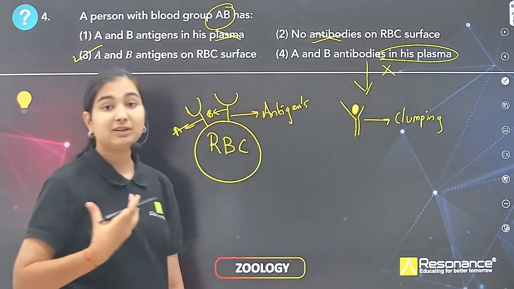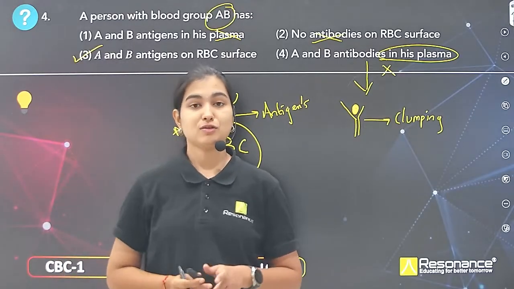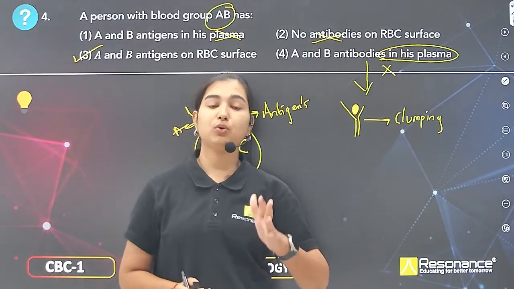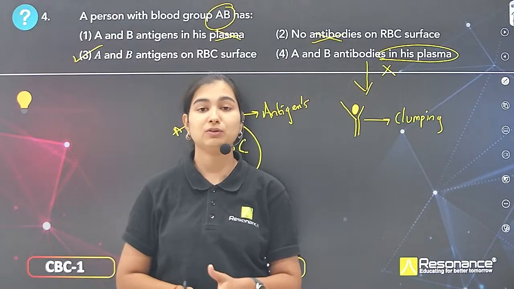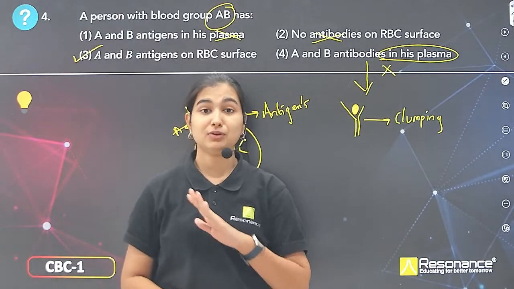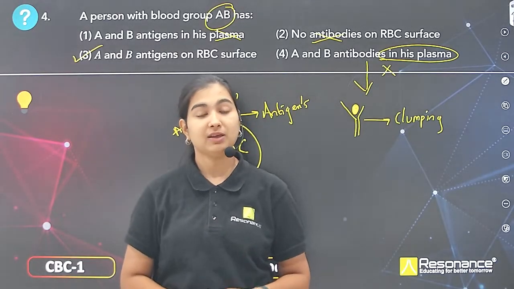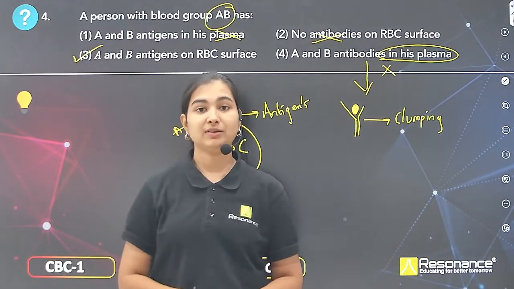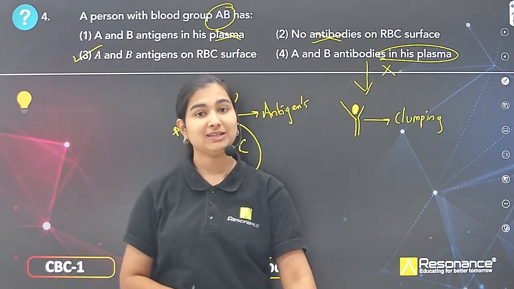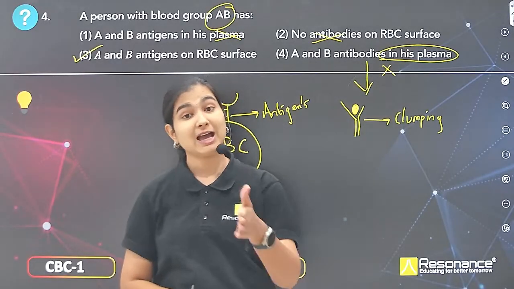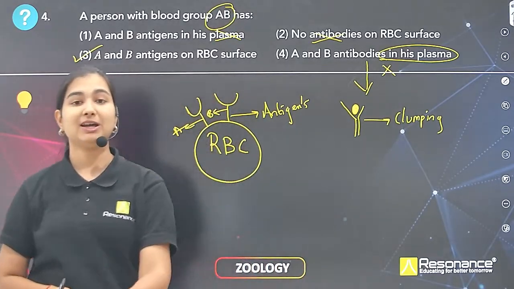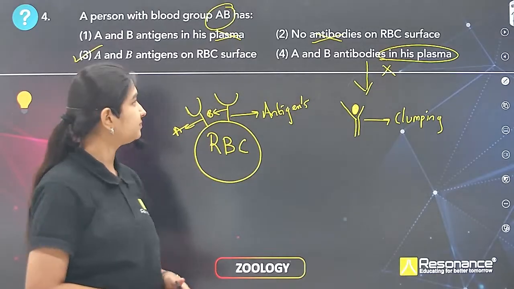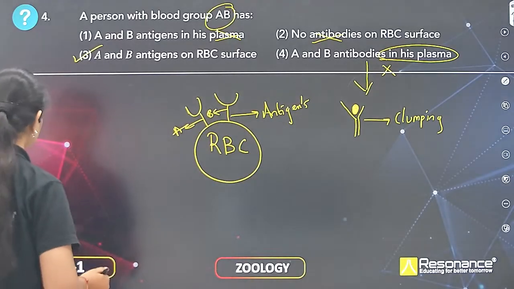In the AB blood group we have both antigen A and antigen B on the cell surface, but no antibodies in the plasma, which is completely opposite to the O blood group. It is called O because no antigens are present on the cell surface, and in the plasma you have the antibody A and B. Got my point? Next.